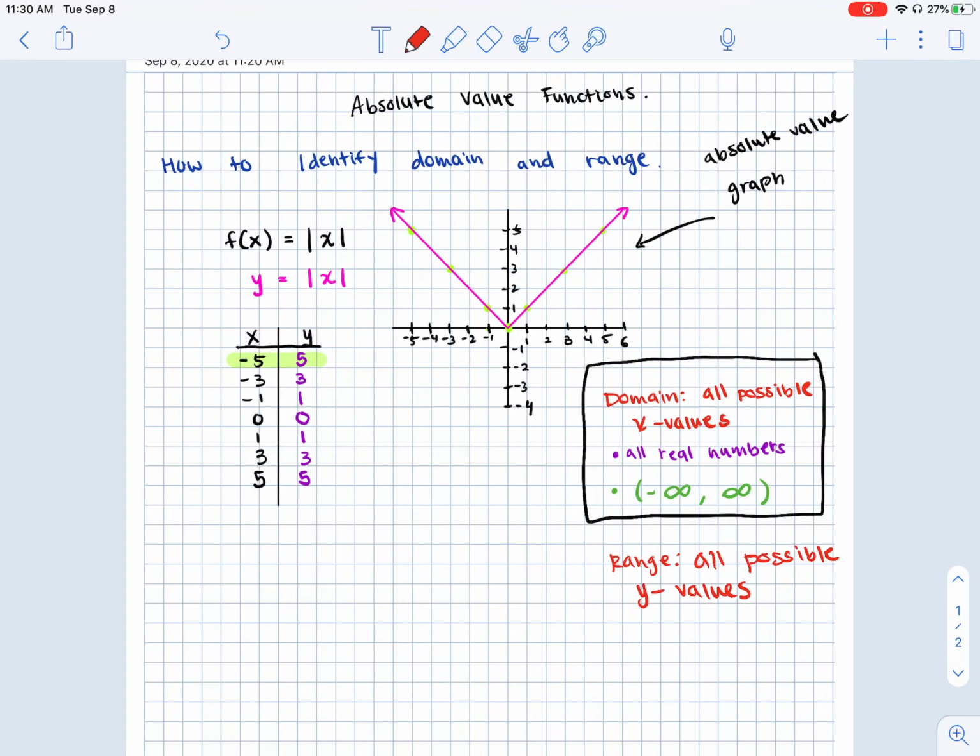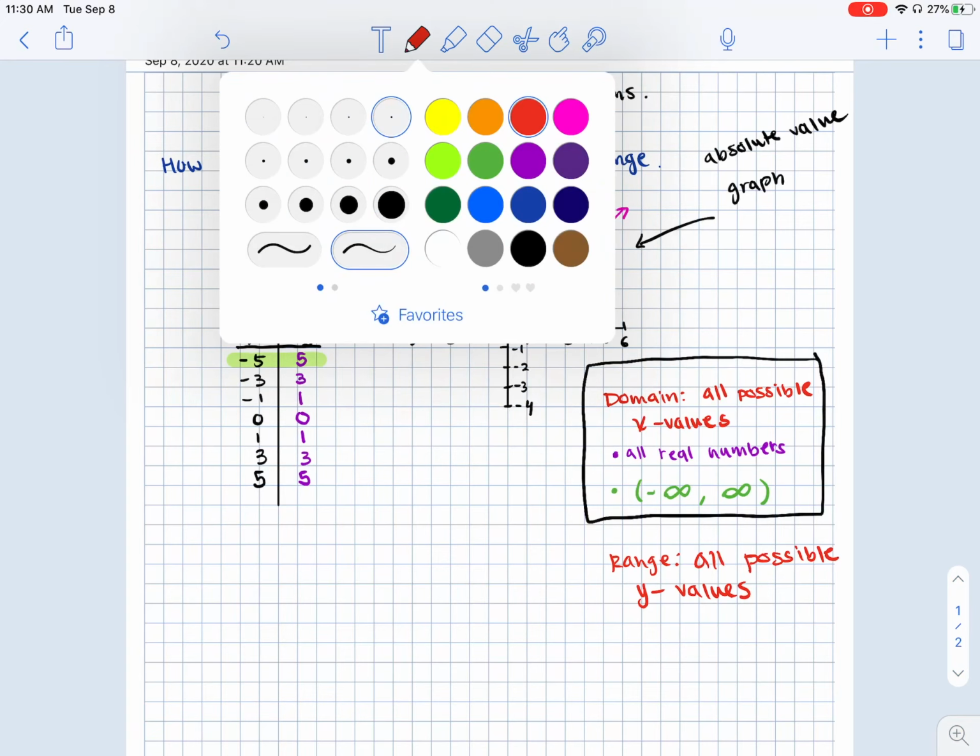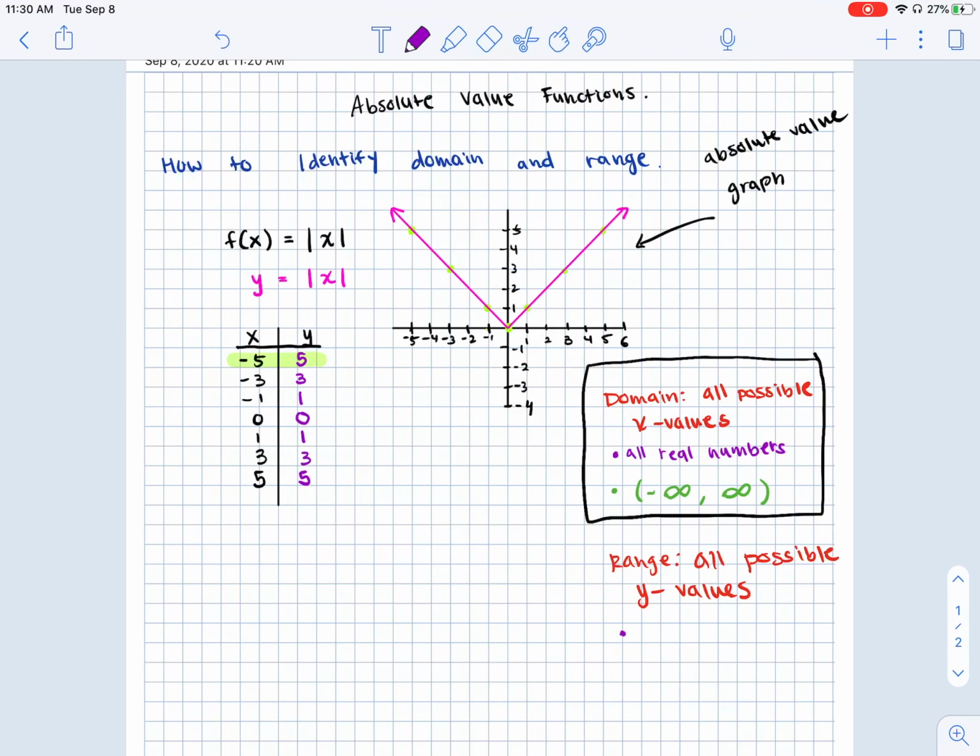So my range is basically everything greater than or equal to 0. So my y has to be greater than or equal to 0. You'll notice I used a symbol here. The reason why I also have the equal to 0 is because my graph starts at 0.